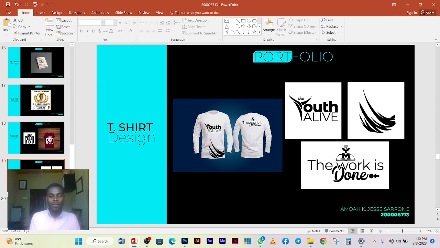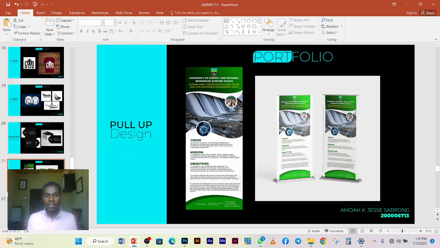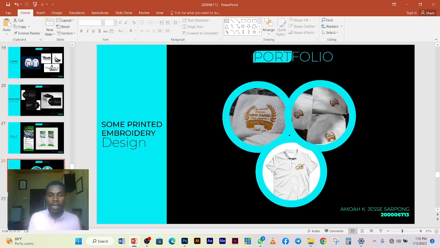Yeah. And I also did some quote cards for a client, and also some roll-up banners, which have all been put on a pull-up stand to give them at least a feel of how the finished work is going to be. Yeah. So here are some examples of printed embroidery works.